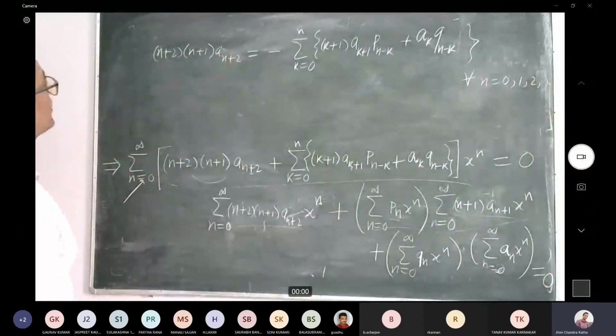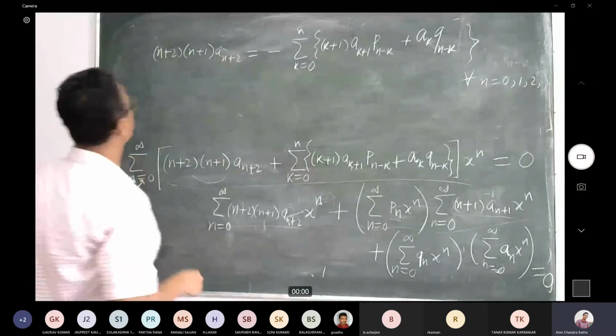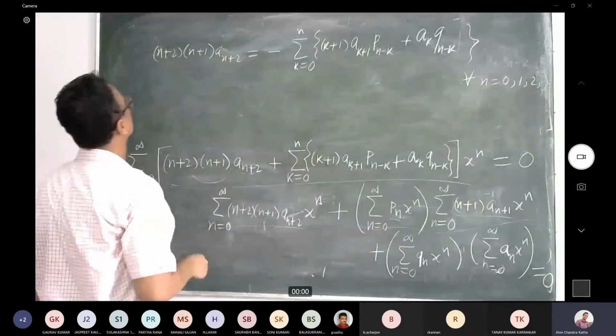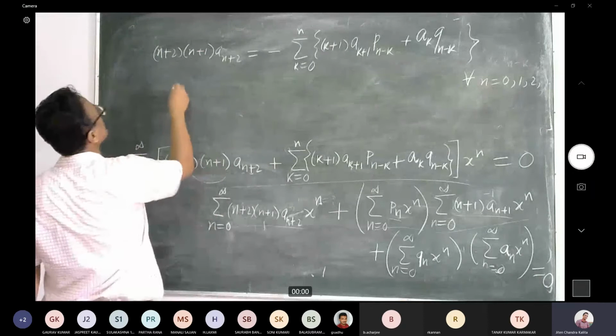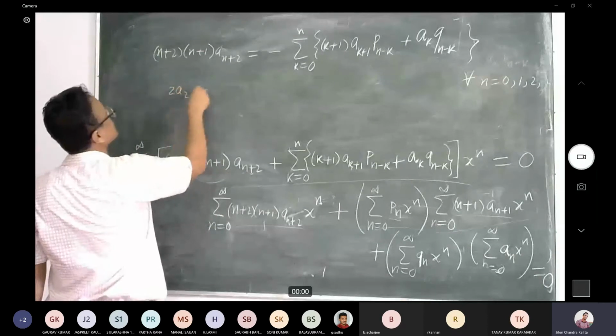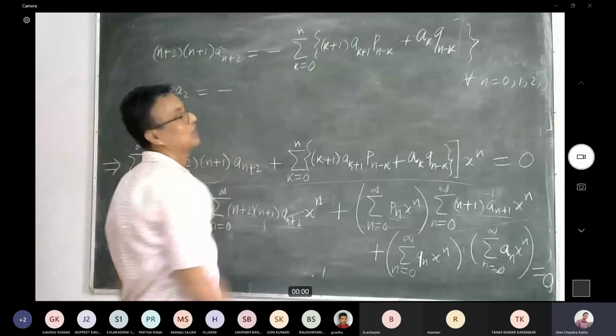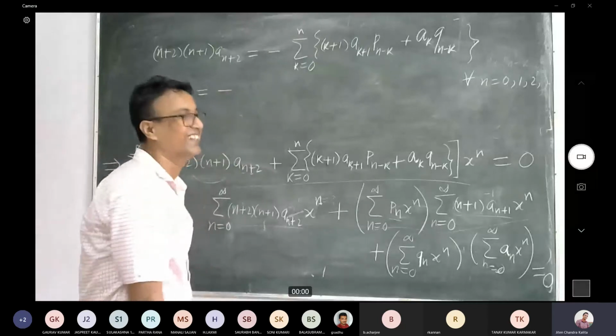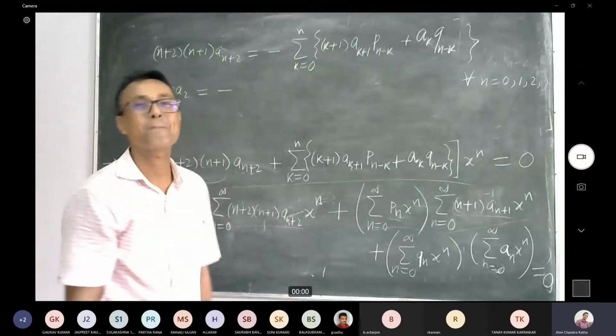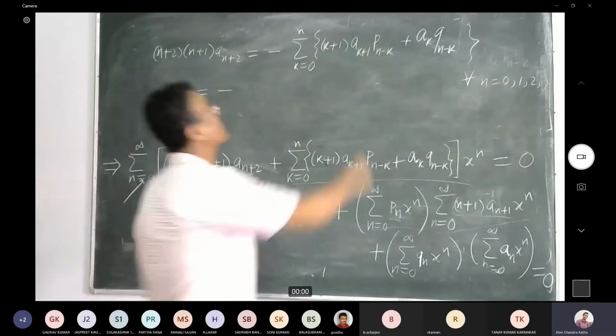Now if I plug in n equal to 0, this is going to give me 2a2. Can you tell me what I'm going to get here, for n equal to 0, this term?